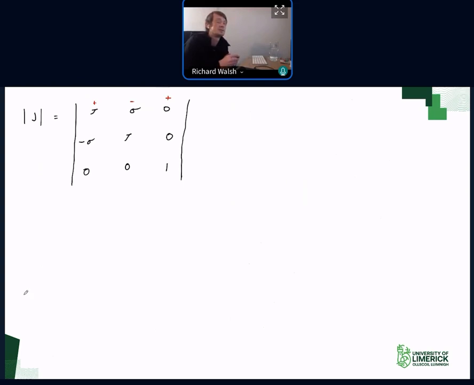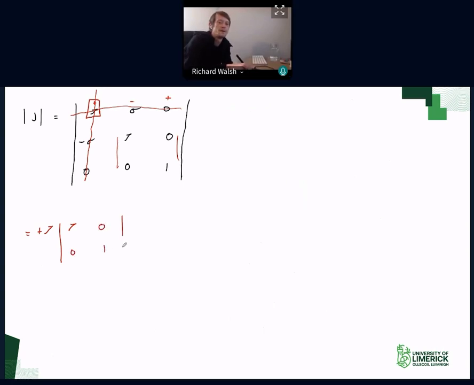So I mark plus, minus, plus. I take a positive tau, block off the row and the column that it is on, and I'm going to write down the 2x2 matrix that remains. So there's my plus tau.